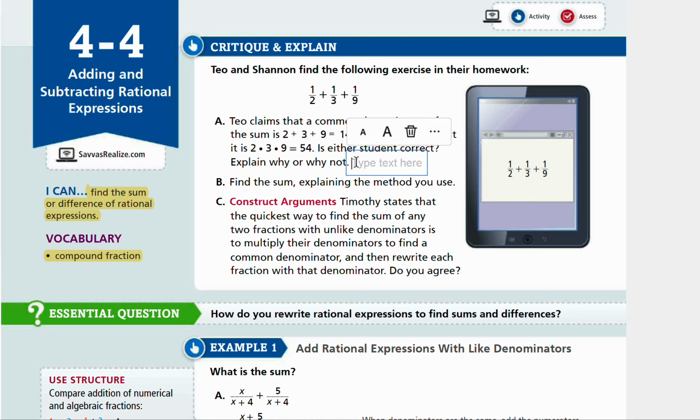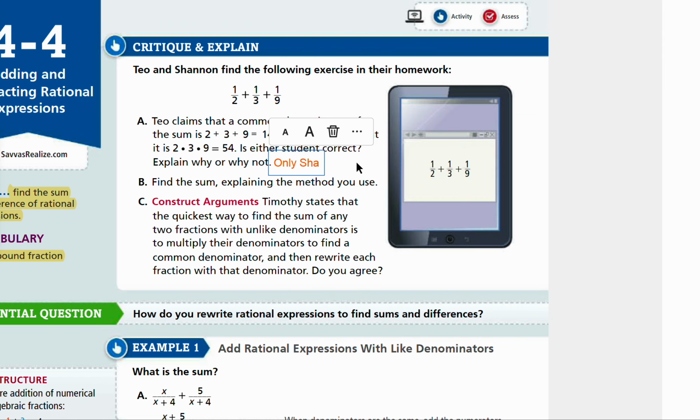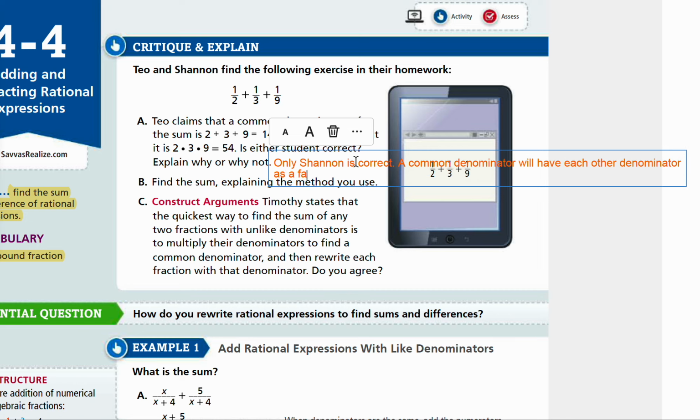So you have to find the common denominator by multiplying them. So yes, only Shannon is correct. A common denominator will have each other denominator as a factor.